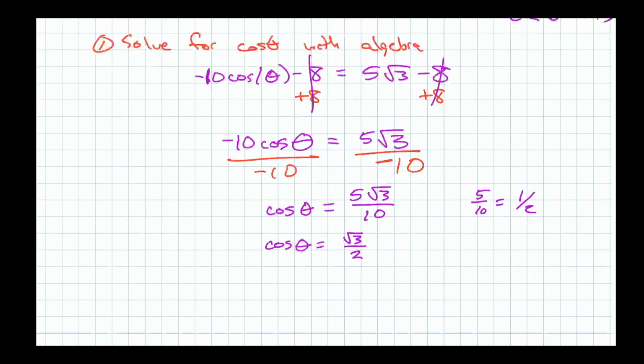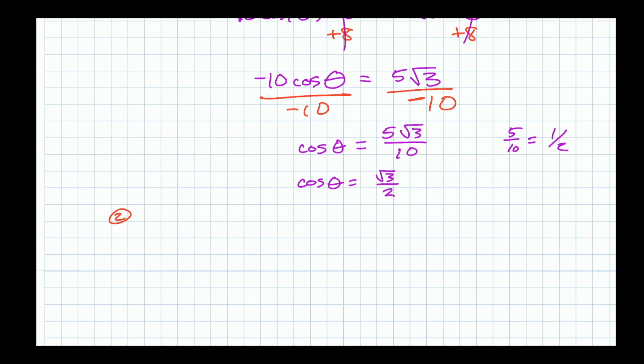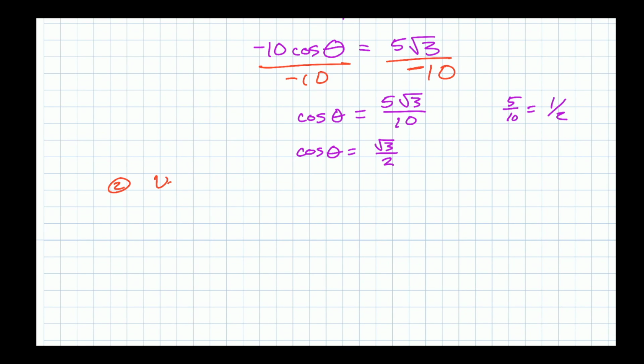Okay, so that's what we were supposed to do. And then we're essentially just going to look up the answer on the unit circle. Use the unit circle to find the theta, right? So we're looking for where the cosine theta, which is actually the x value on the unit circle, is square root 3 over 2. So where is the x value square root 3 over 2?